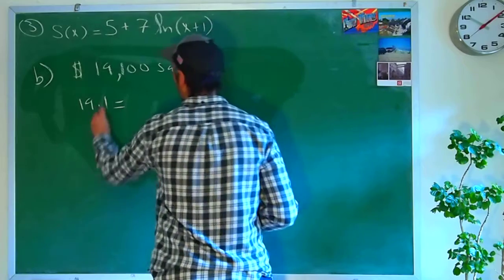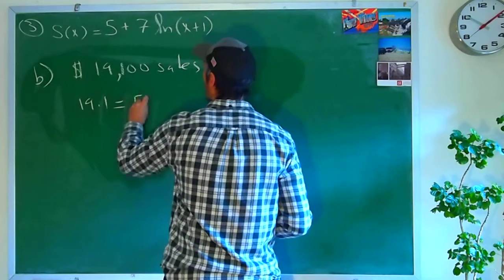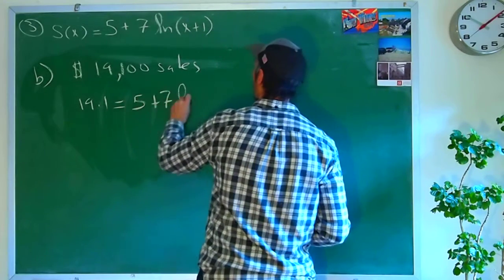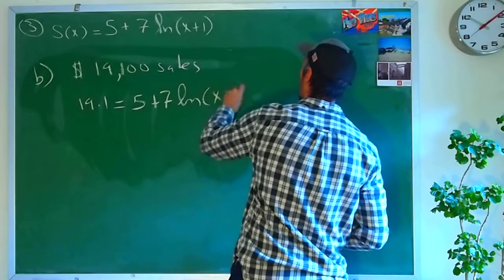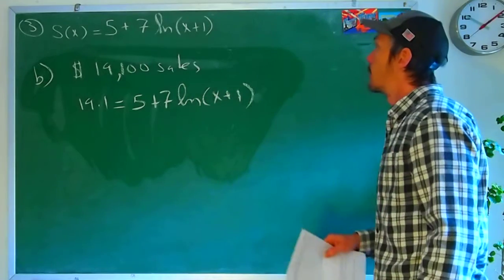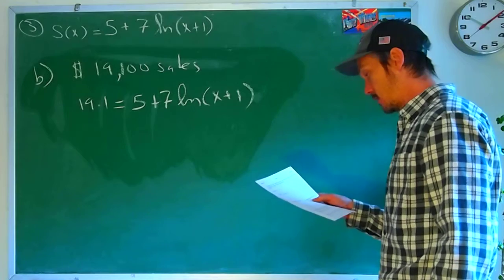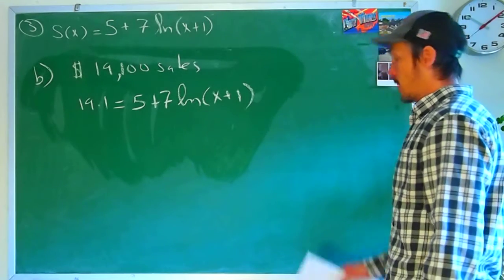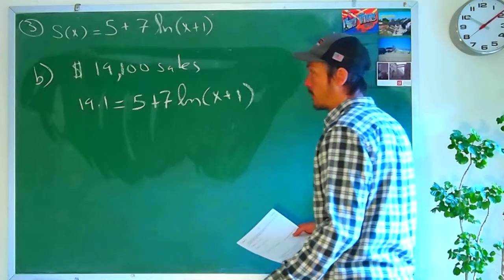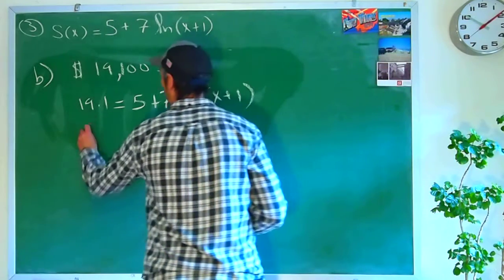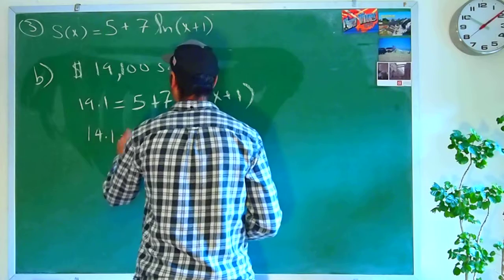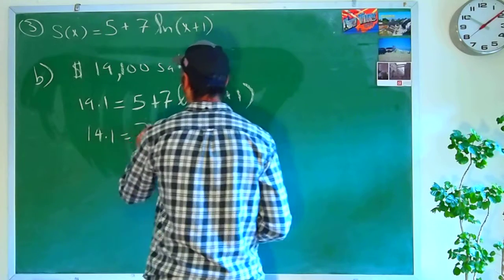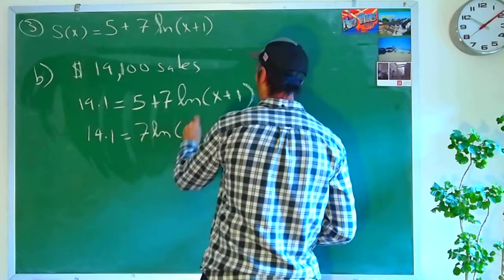Okay, so that's going to be on the left-hand side, and now we're going to solve for X, because X is the amount that we've spent on the advertising campaign. All right, so subtract 5 from both sides. That's going to give you 14.1. And then we'll have 7 ln of x plus 1.